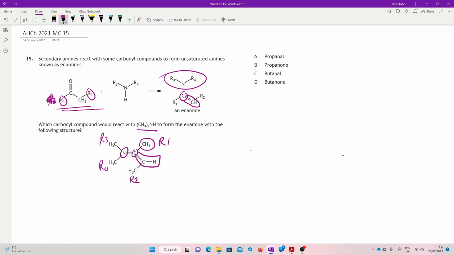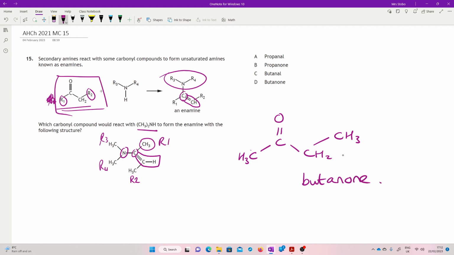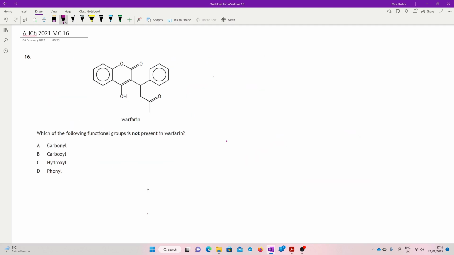So when I redraw this first compound with R1 and R2 resubstituted, R1 is CH3, carbon, double bond O, bond CH2, and our R2 group is another CH3. So 1, 2, 3, 4, butanone, with the carbon in the middle with a double bond O. There you go. Just take your time on those ones.